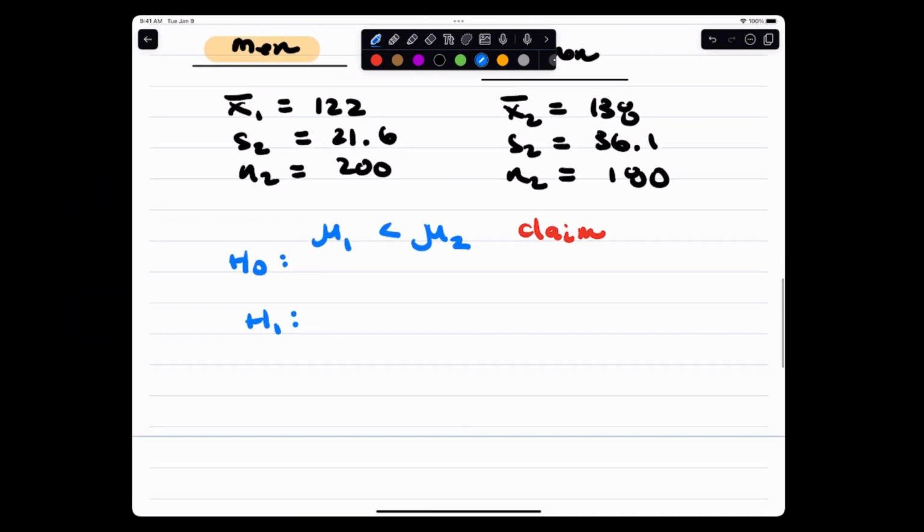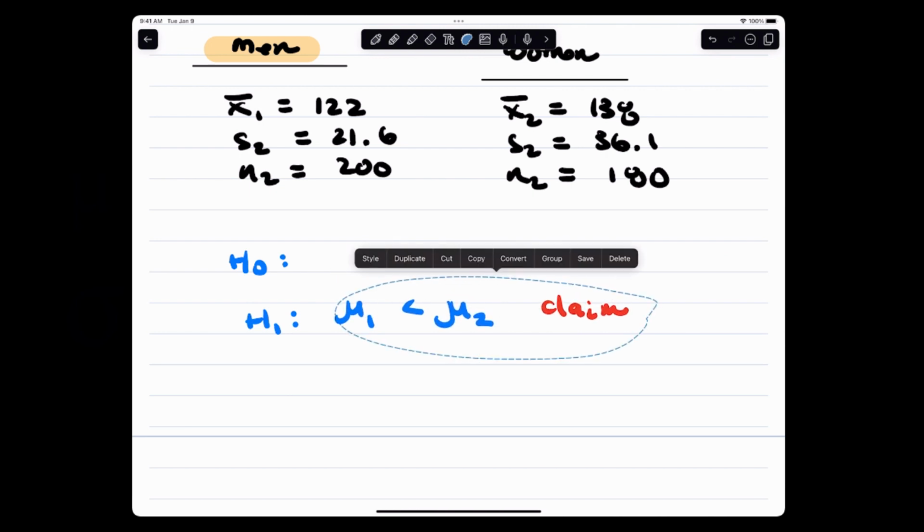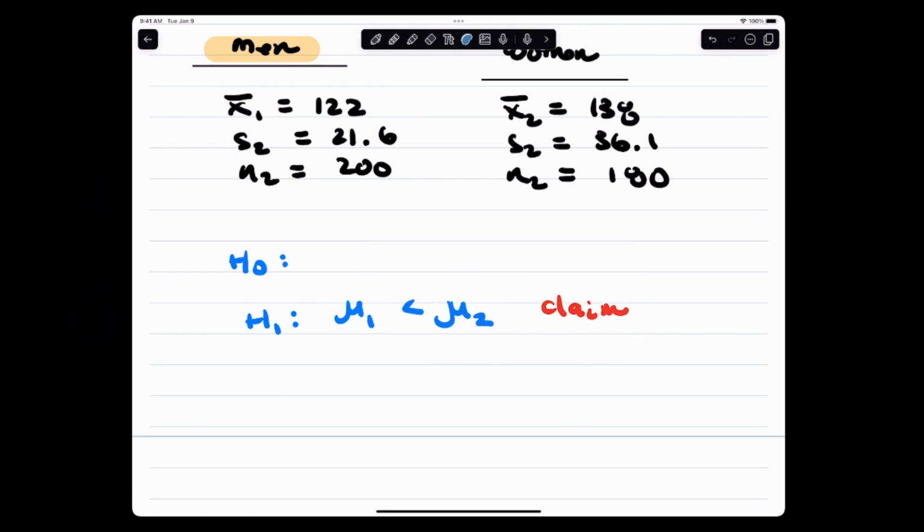So where does this go? Is that a null or an alternate? Where do you guys put that? Good. Why is it an alternate? Because there's no condition of equality. So what's the logical opposite of that statement? Mu1 greater than or equal to mu2. What kind of test is this, by the way?